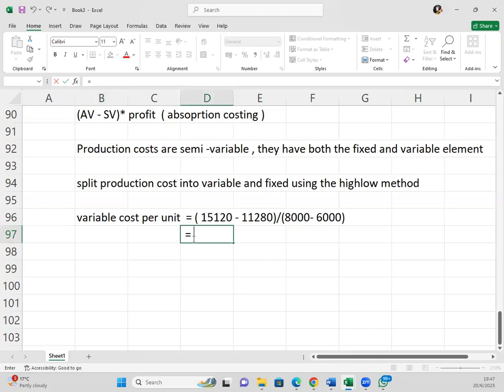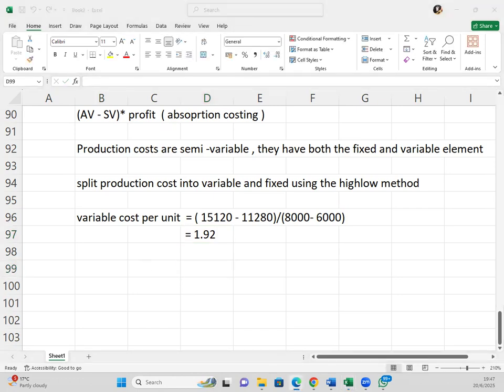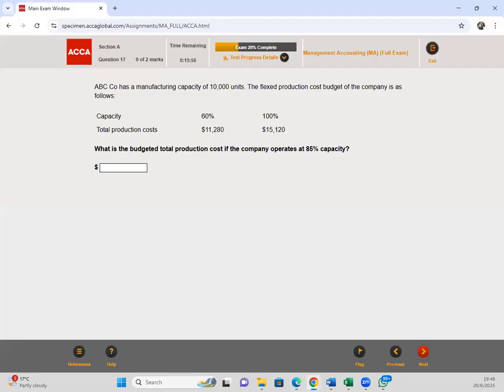1.92. Is it just straight 1.92, or were there decimals that you rounded? Oh, by the way, let me confirm the 8,000 I was doubting. Oh, it's 100%, sorry. It's not 80%, it's 100% capacity.